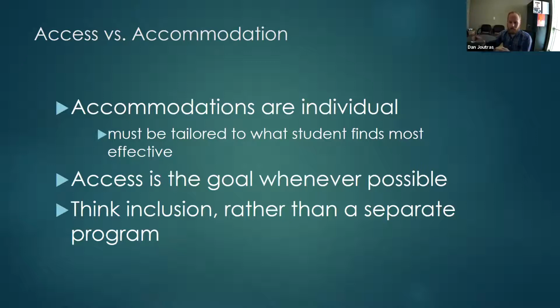And that's a reactive thing where they come across a barrier and then we have to figure out what that barrier is, how to get around it, what is that accommodation or service that is going to be put in place in order to ensure that access, okay?